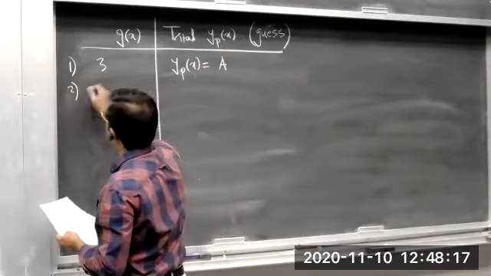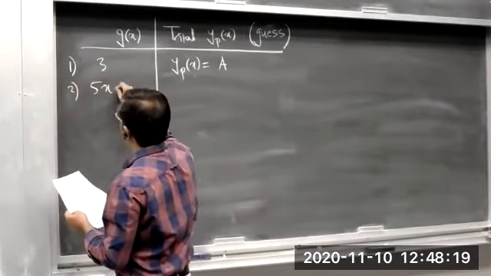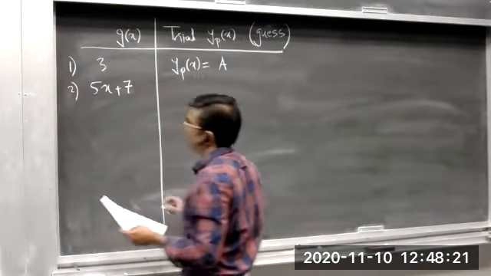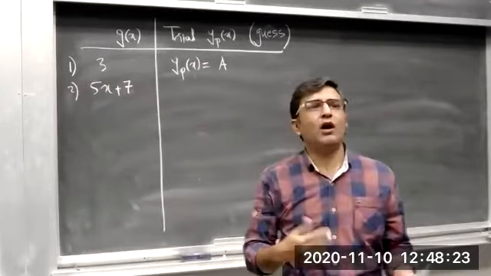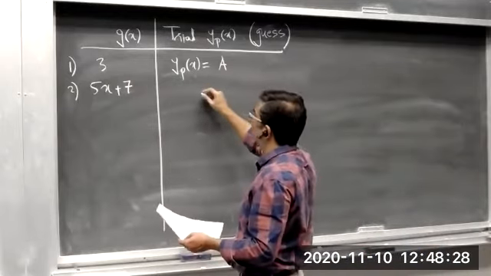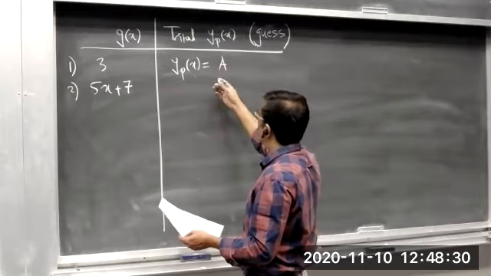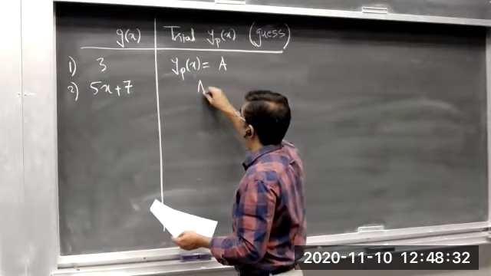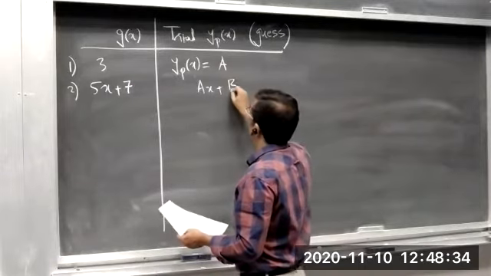In the second case, if the right-hand side function is 5x plus 7, it is a polynomial of degree 1. In this case, the educated guess, which we call the initial guess, yp will be ax plus b.